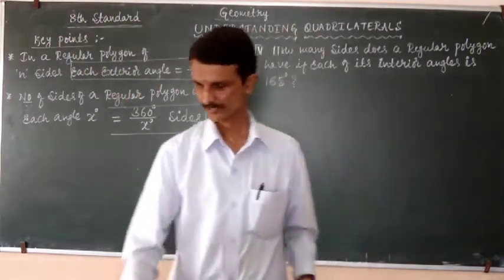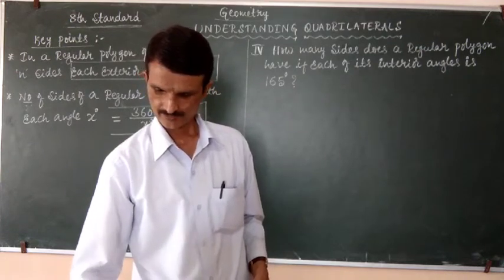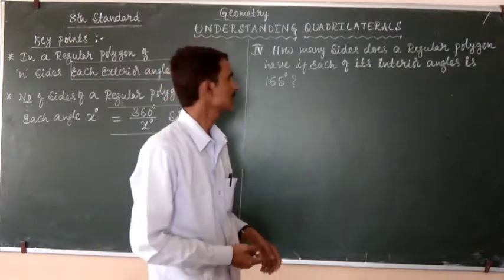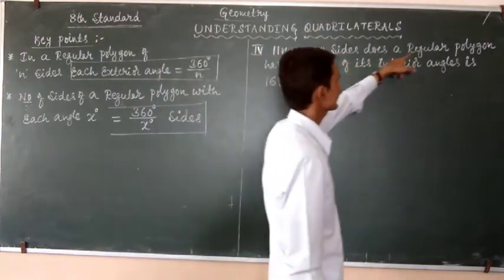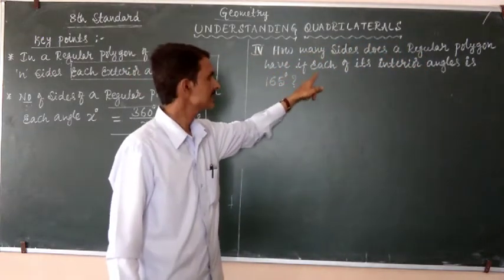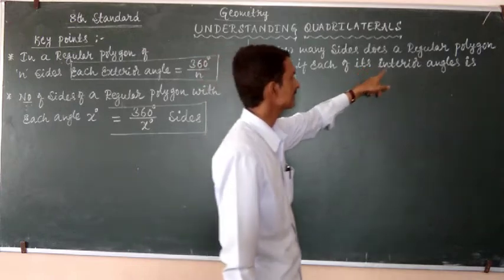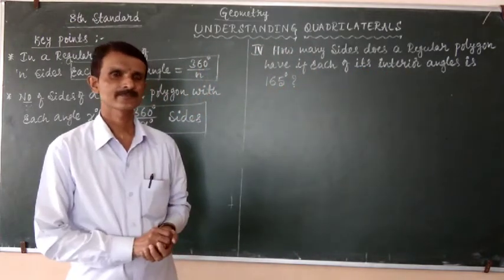Now students, we will see the next problem. The next problem is: how many sides does a regular polygon have if each of its interior angles is 165 degrees?